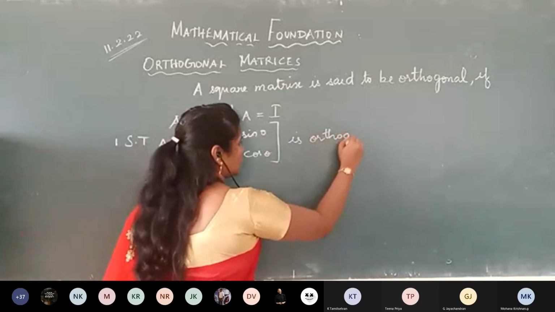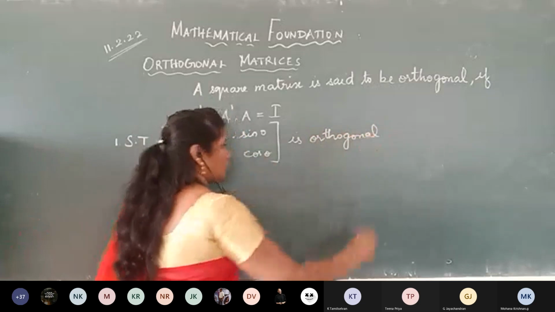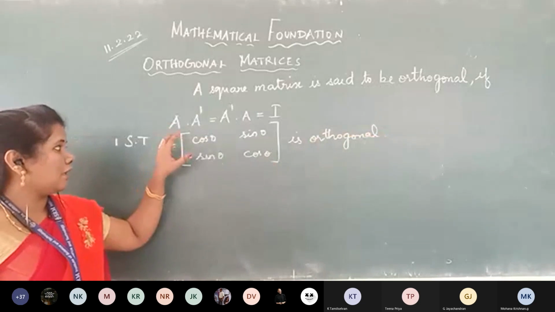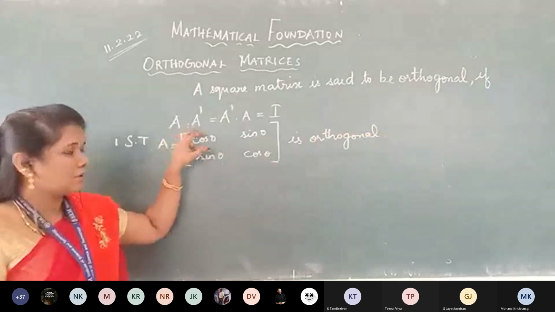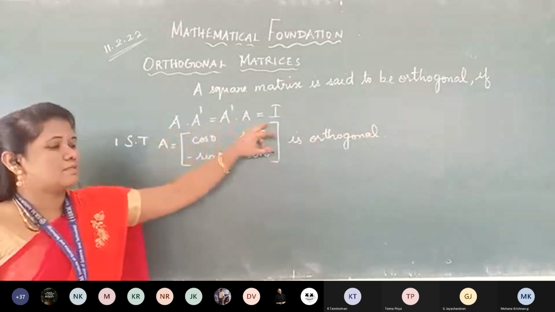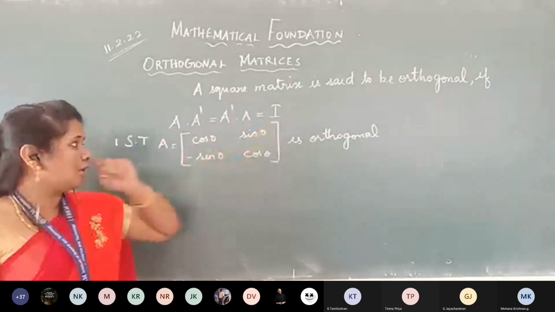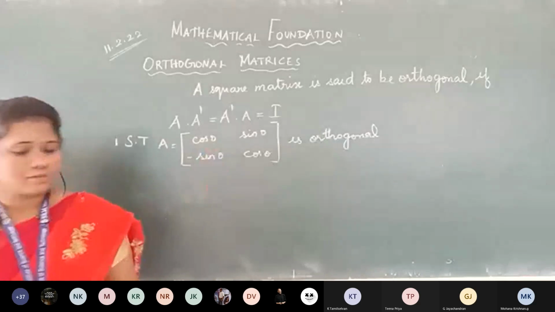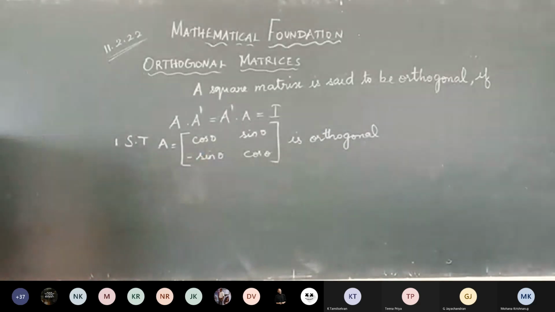You have to show that the given matrix is orthogonal. So what you have to do is find A transpose, and see whether A transpose A is equal to the identity matrix. If it is equal to the identity matrix, then it is orthogonal. So first write down A transpose.